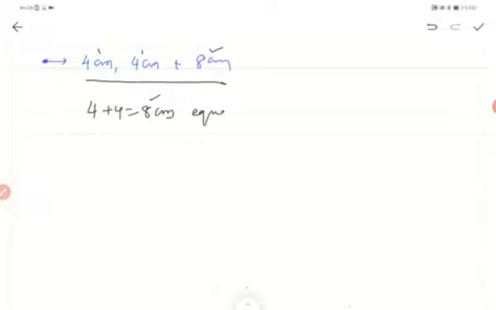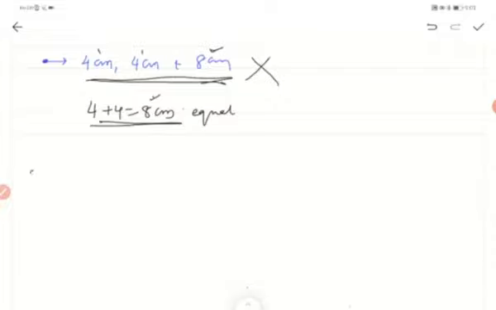What was our rule? It should actually be greater. Since the sum is not greater than the third side, you cannot construct a triangle using these measurements.